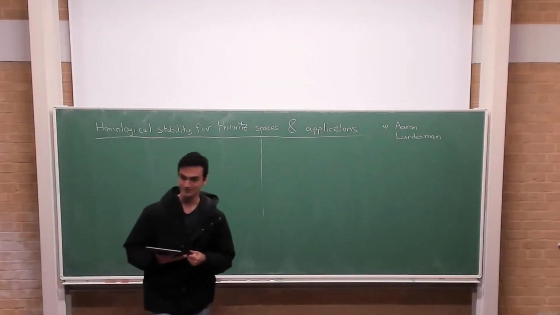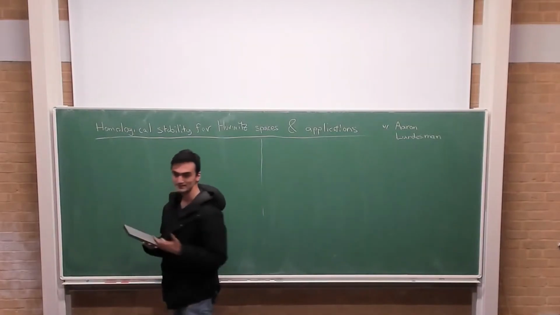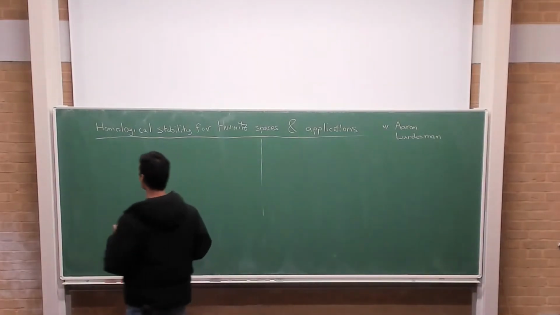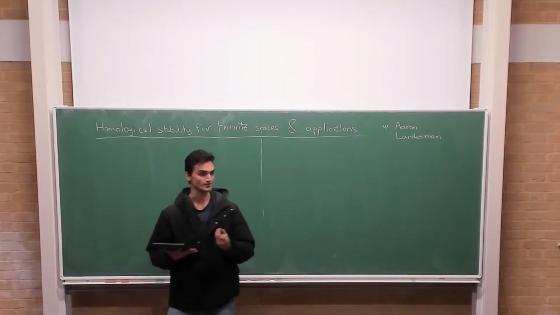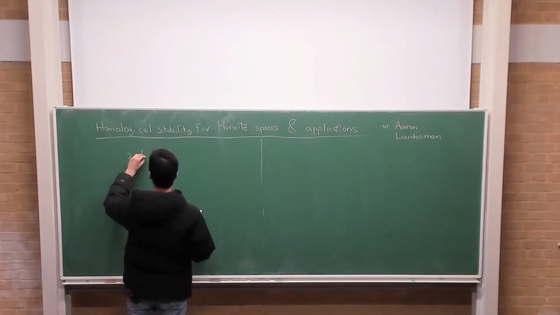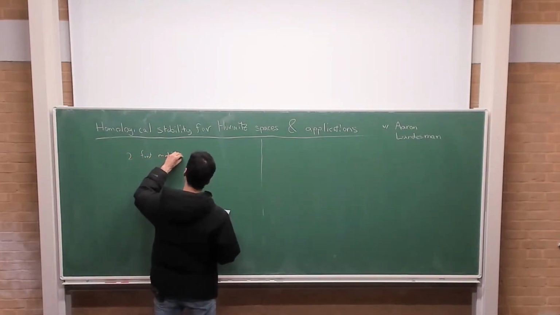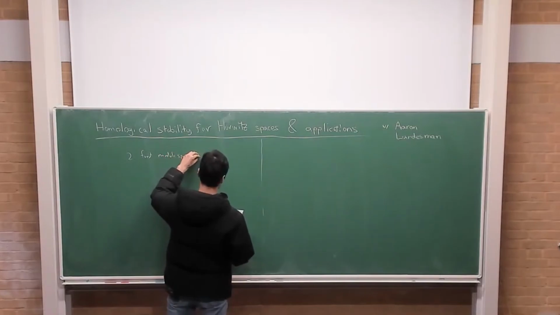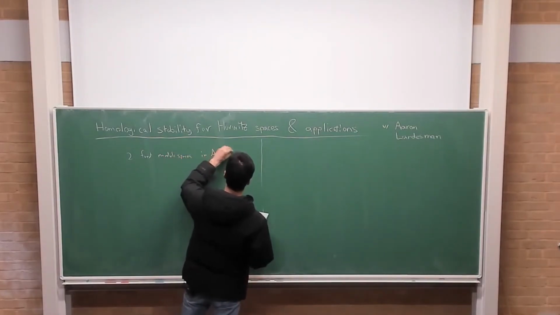So I want to tell you today about Hurwitz spaces. Hurwitz spaces are one of the important moduli spaces in studying curves in algebraic geometry. There are two fundamental types of moduli spaces in algebraic geometry for studying curves.